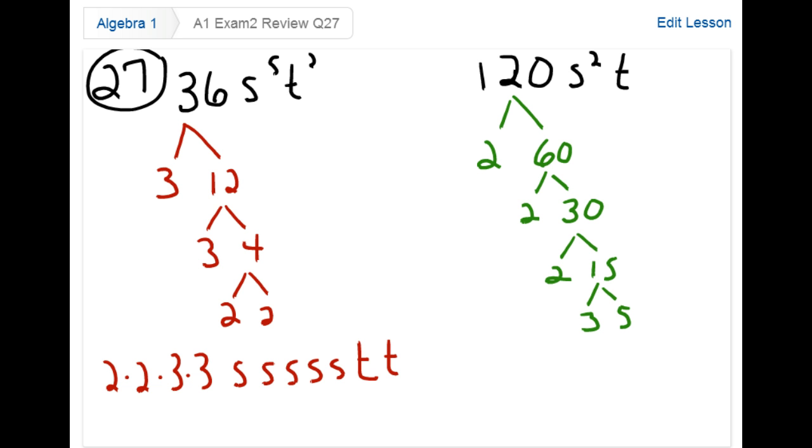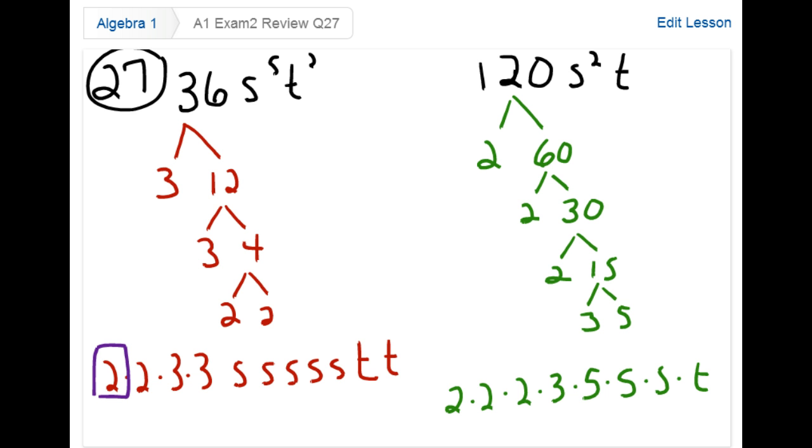So 120 s squared t breaks up to 2 times 2 times 2 times 3 times 5 times s times s times t.